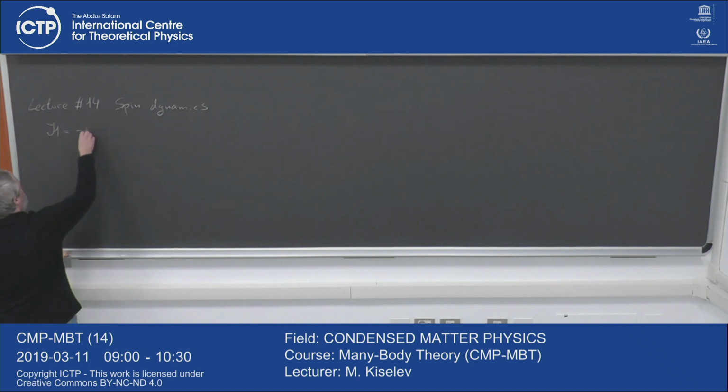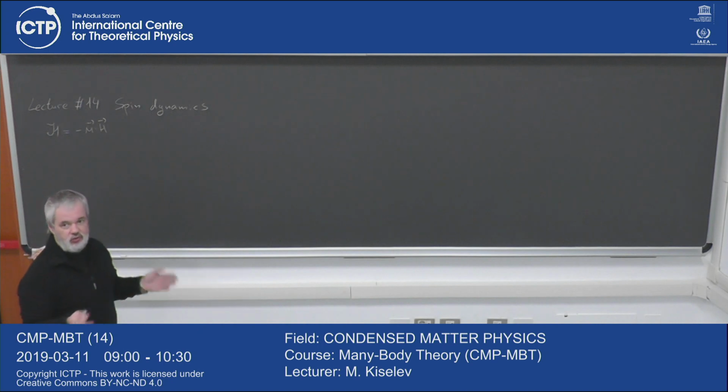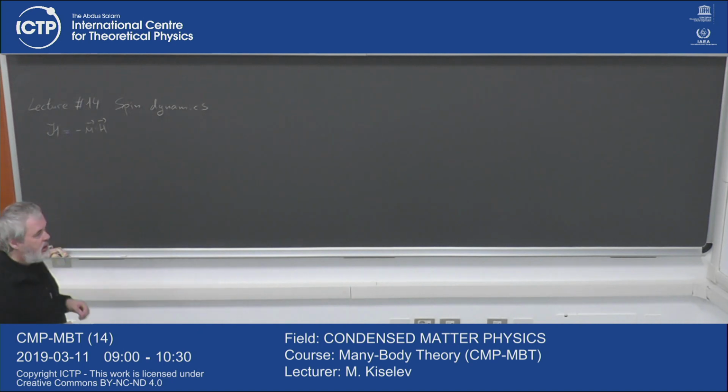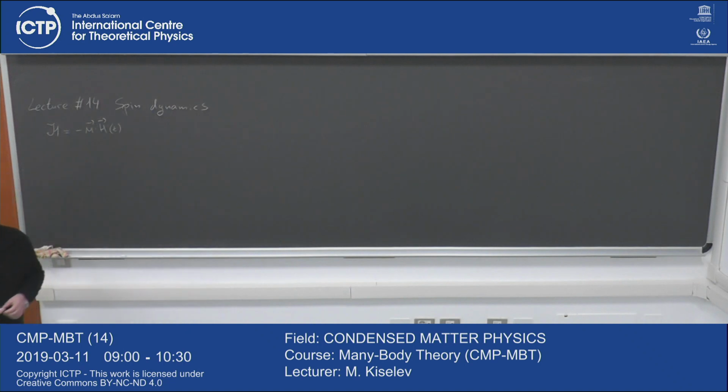So the Hamiltonian is m dot h. But in contrast to the previous lecture, when we considered thermodynamics of the system and the magnetic field was assumed to be uniform and time independent, now we will be saying that the magnetic field depends on time.